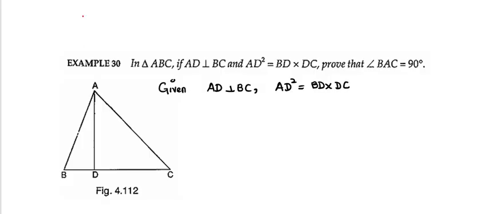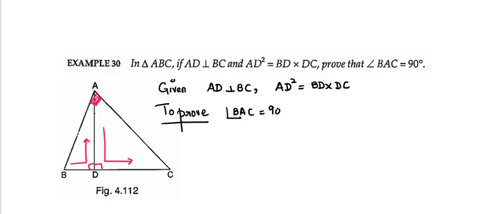Now, Ananya, everyone, draw that diagram now as well. Mark these arrow marks. Now we have to show 90. Prove that angle BAC is 90 degrees. The converse of the previous sum.